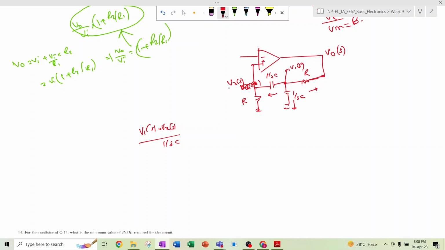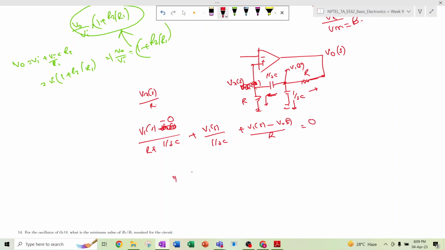Basically, whatever current flows from this side flows from this to ground. VXS divided by R, this amount of current is flowing through this, so V1S minus 0 divided by R plus 1 by SC, plus V1S divided by 1 by SC, plus V1S minus V0S divided by R is equal to 0.